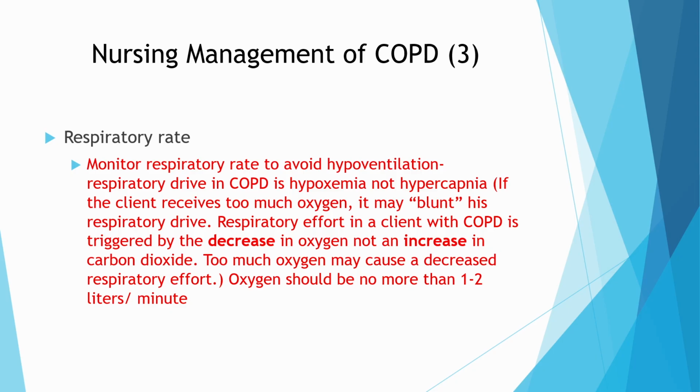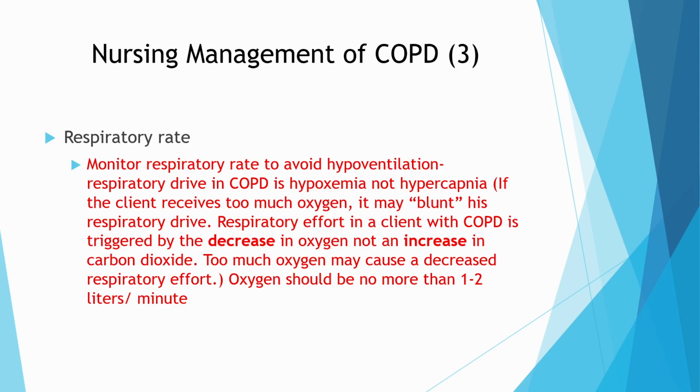So, ladies and gentlemen, listen up, and then listen up one more time. The respiratory rate. We need to monitor the respiratory rate to avoid hypoventilation. The respiratory drive in COPD is hypoxemia, not hypercapnia. So if the client receives too much oxygen, it may blunt his respiratory drive.